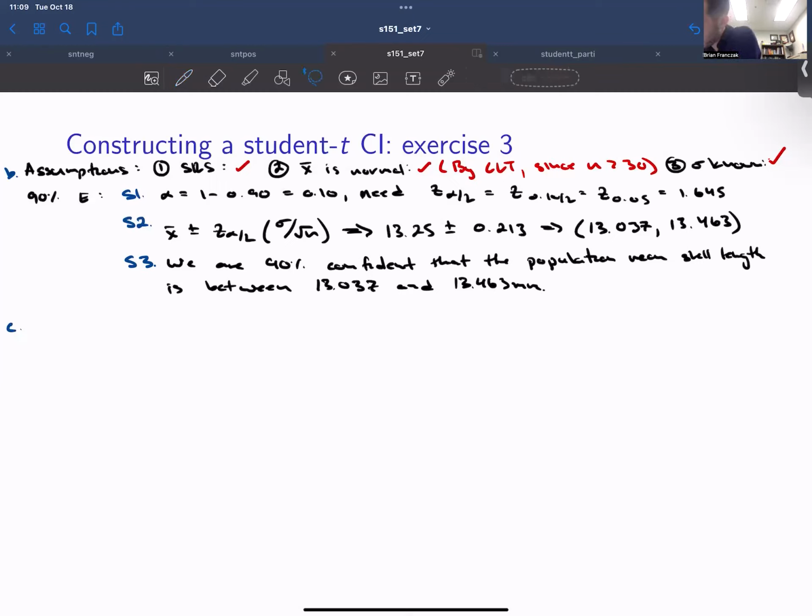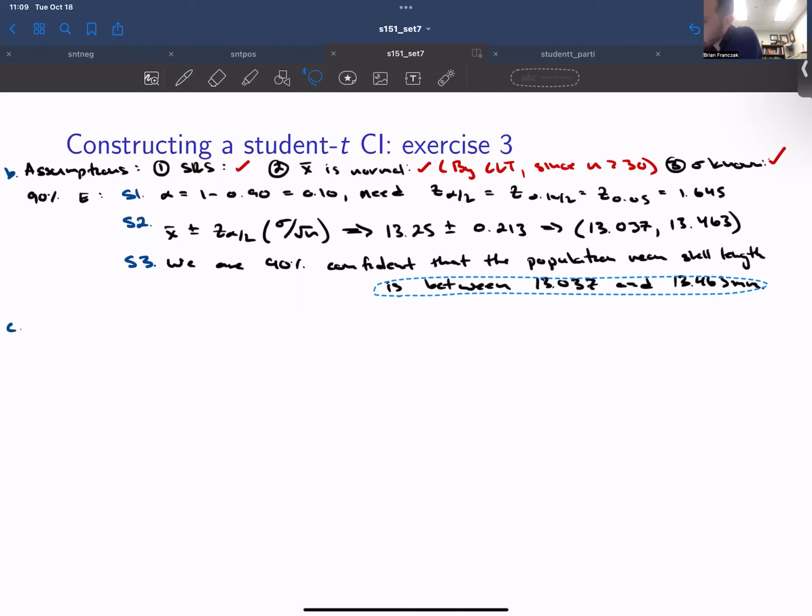I should say mean shell length for this sea snail specimen. We should be very specific about the population we're working with.